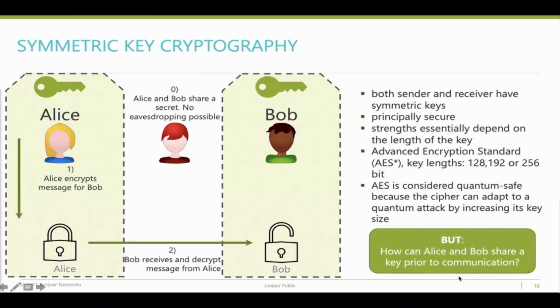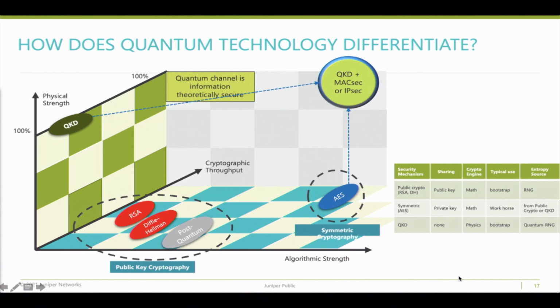Symmetric key cryptography is quite secure, right? If you are aware that someone is able to intercept your messages or decrypt the key, you just increase the size of the key. The biggest question is, how do you transport the key to the other side? And that is where QKD can help.